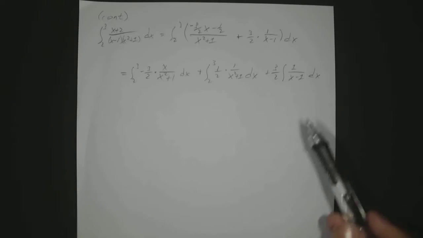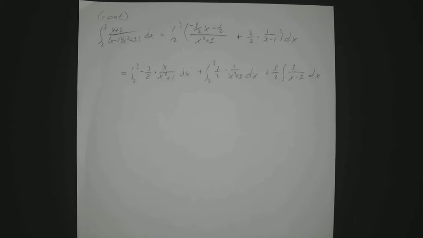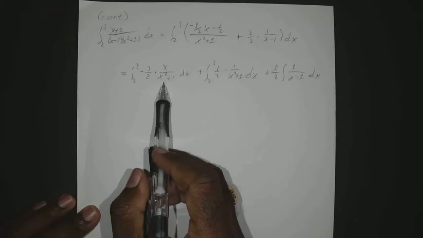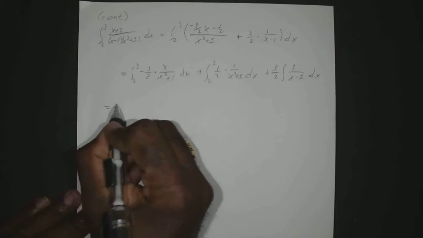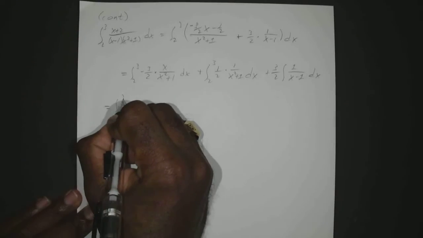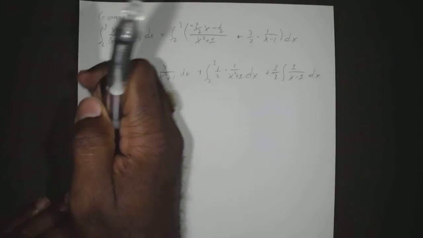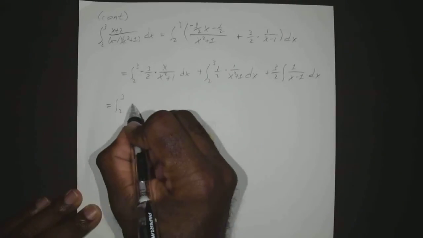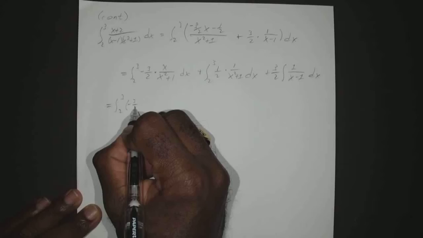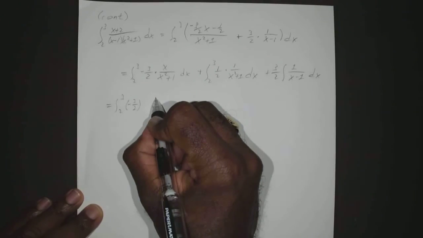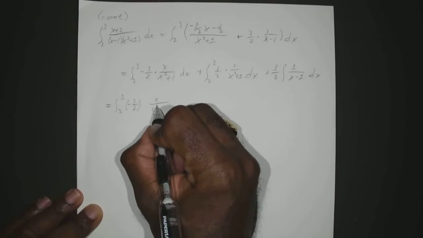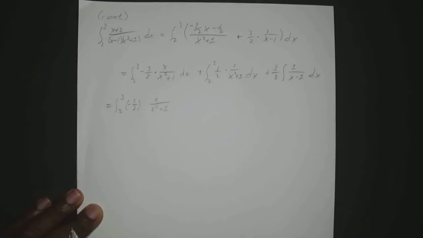Okay. So the last one, we know that's going to be a natural log. That one's pretty straightforward. And this one, we can manipulate a little bit. We can leave the negative 3/2 on the inside, it doesn't matter. So you have negative 3/2 and you have x over x squared plus 1.